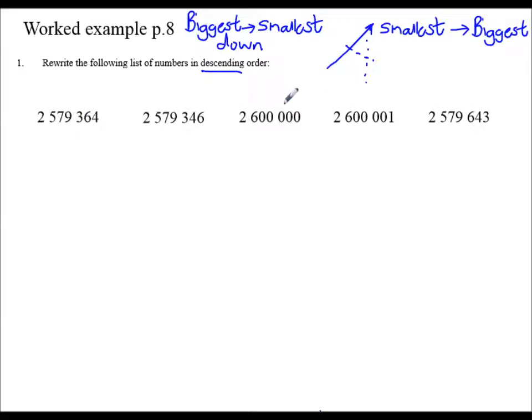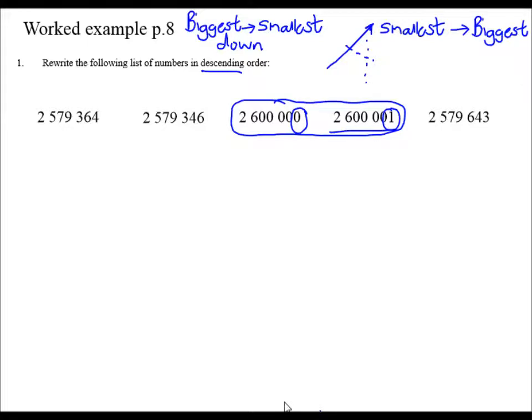If I get to these two, we will see that we've got 600,000 here, which is bigger than 579,000. If I look at this number, the only difference is in the unit. This has 1 unit more than that number. So clearly this is the biggest number.